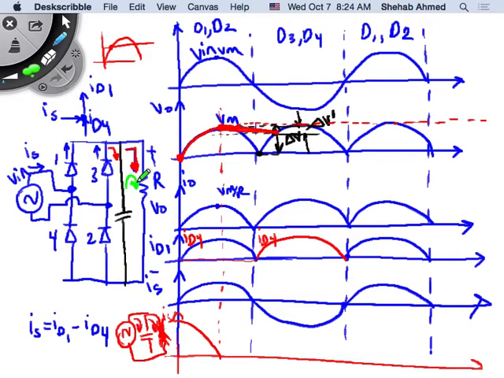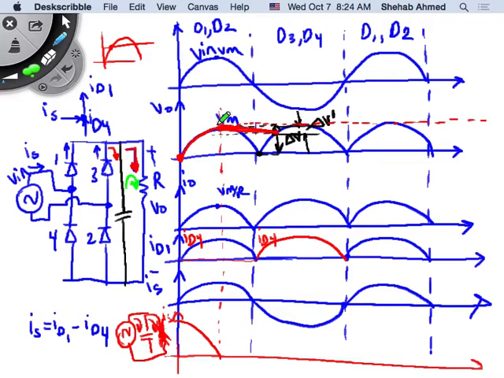So at some point there will be a point where the supply voltage and the capacitor voltage are equal. They are both equal. If they are both equal and they have a resistor connected across them, this V maximum voltage will be feeding the resistive load.